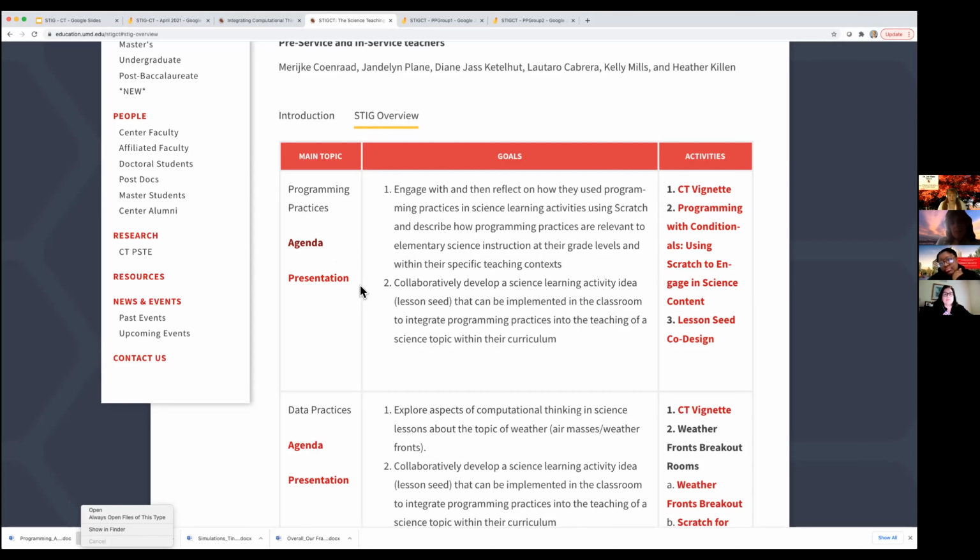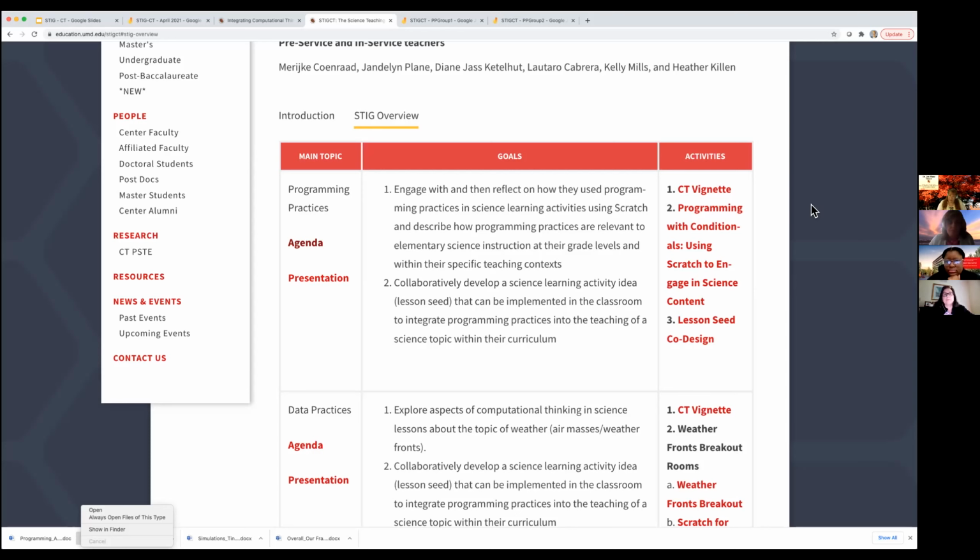Then there were parts that are linked from the presentation usually, or from the agenda, that have things like a vignette. One way we tried to figure out how elementary teachers view computational thinking is we gave them a story of a teacher who teaches a lesson and asked if they saw computational thinking and how they saw computational thinking in that lesson.